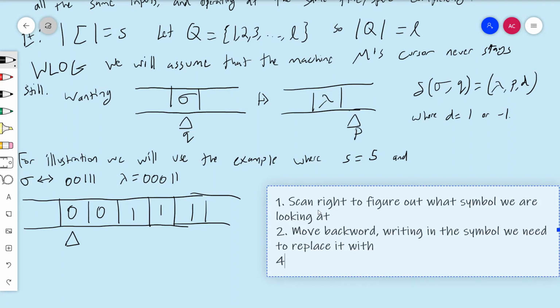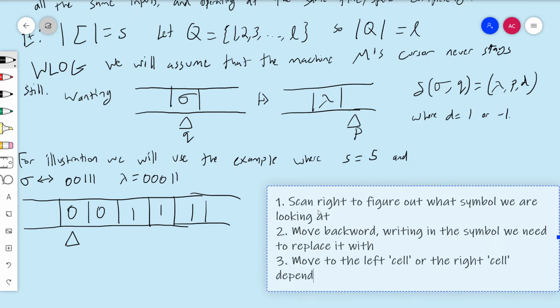And then step 3 is move to the left cell. And I put cell in quotes because when I say cell, what I mean is the next group of cells that simulate a single cell. So move to the left cell or the right cell, depending on D. So this is the plan.